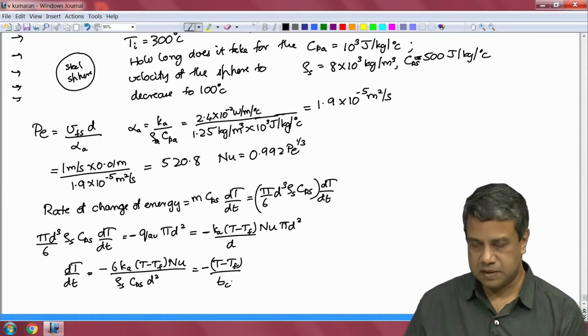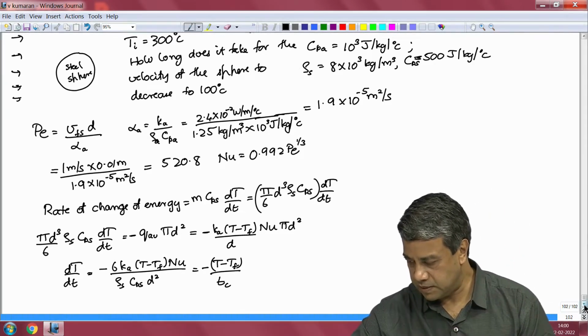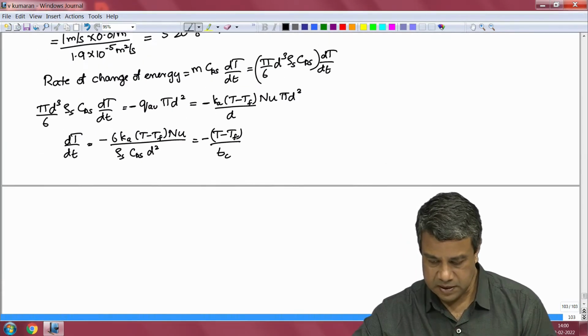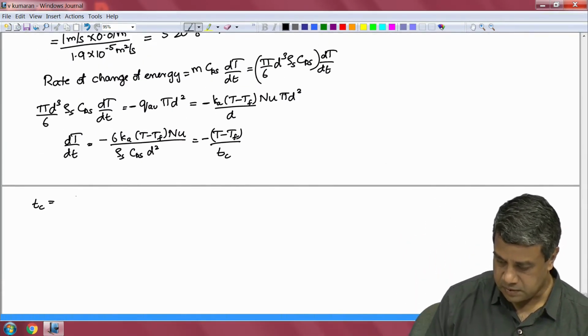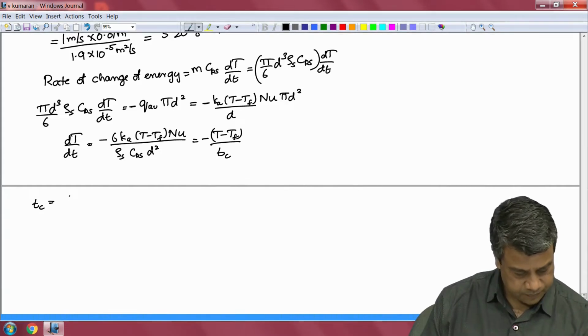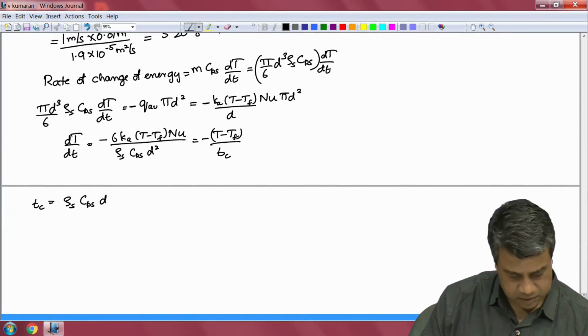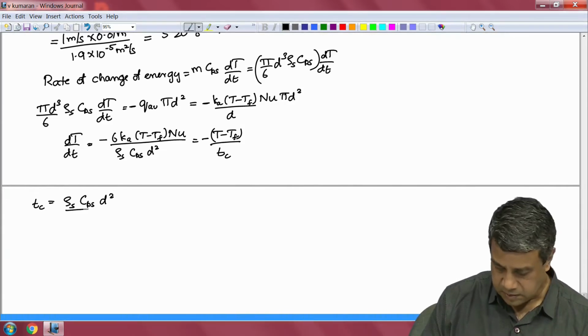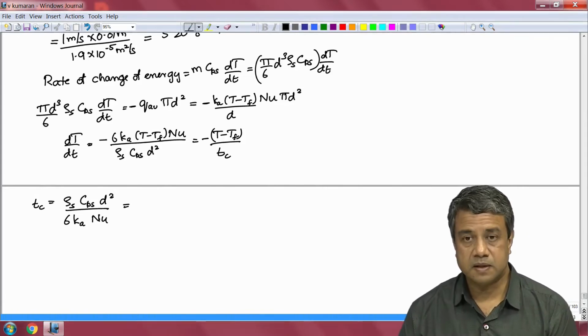Divided by the characteristic time. This we have already seen before, where Tc is the characteristic time. Tc is equal to rho s Cps d square by 6 Ka times the Nusselt number. And substitute the Peclet number correlation for the Nusselt number.